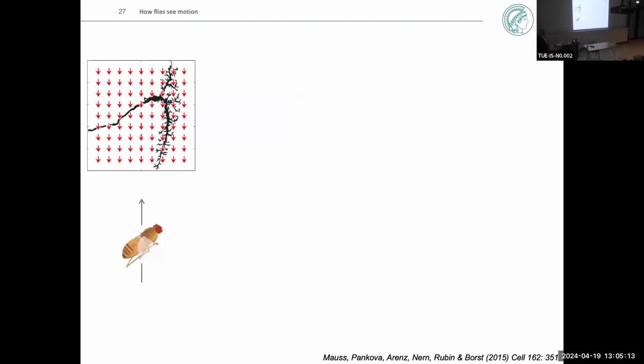lobular plate interneurons? In the old days, we thought the subtraction stage of the Reichardt detector is to improve and sharpen the directional tuning of the subunits. But the T4/T5 cells are already highly directionally tuned. So what is the function of that? Here you see a VS cell which has a homogeneous optic flow field preference, which is downward.